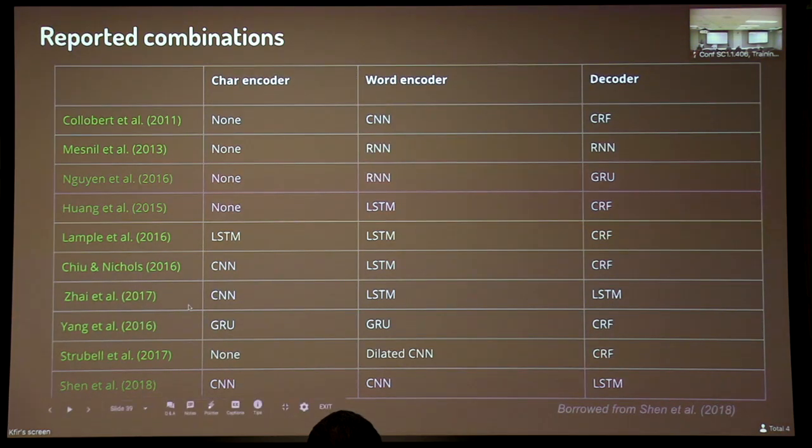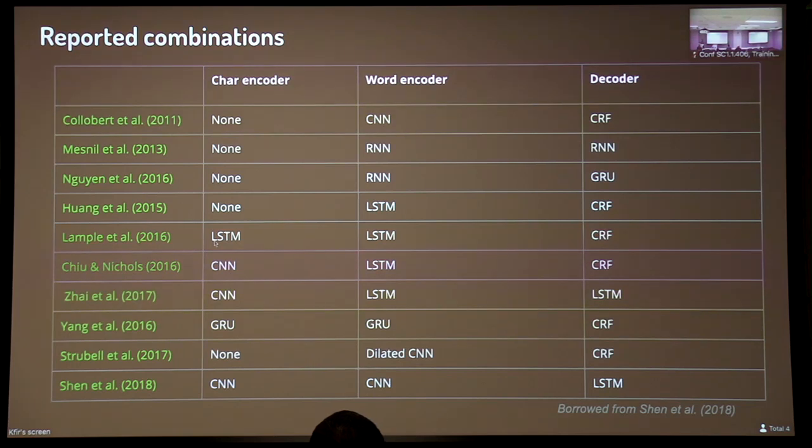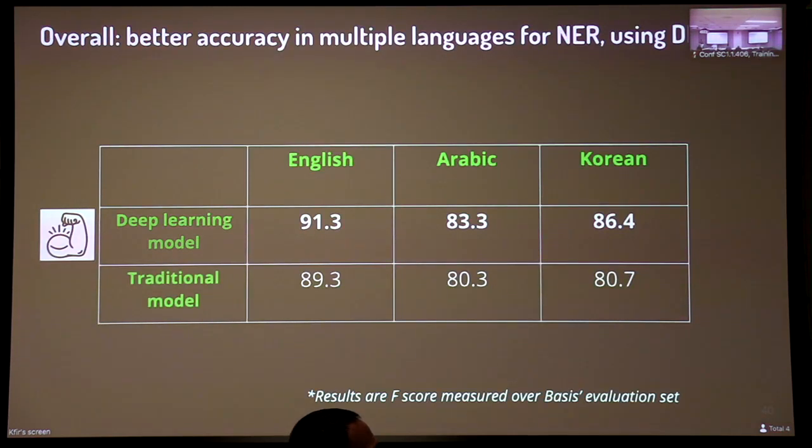For example, Lample and others from 2016 use LSTM for character encoding, LSTM for word encoding, and then CRF for decoding. That's exactly what I showed you, right? But there are different techniques here: CNNs, dilated CNNs, and LSTM for doing the decoding and things like that. So it's an active research area, and there are many works published. Very interesting.